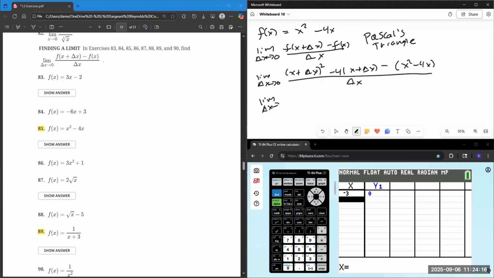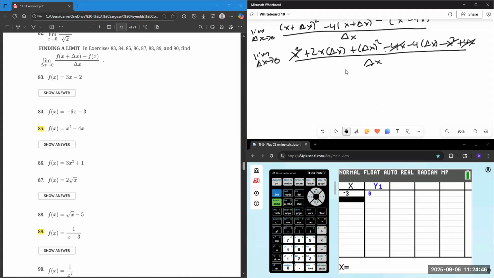So this is going to be x squared plus 2x delta x plus delta x squared by way of the binomial theorem, minus 4x minus 4 delta x minus x squared plus 4x over delta x. Anything without a delta x in it must zero out. All the things in the original f of x must zero out.